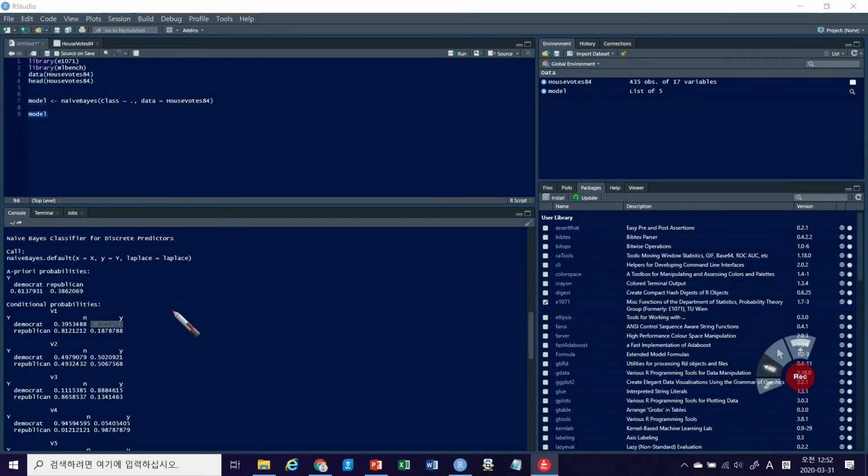So you can see all the necessary conditional probabilities from the trained naive Bayes classifier.